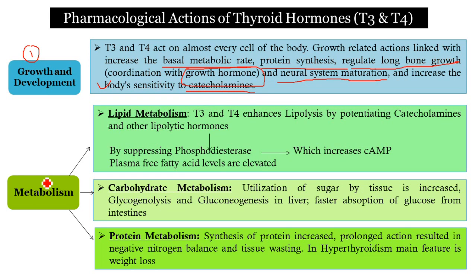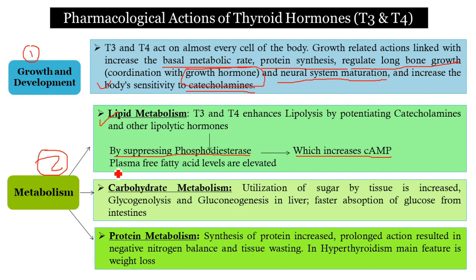While in case of the metabolism related function, which is the second most important function, there is lipid metabolism, where the thyroid hormones T3 and T4 enhance lipolysis by potentiating the catecholamines and other lipolytic hormones, and by suppressing phosphodiesterase, which is one of the major enzymes, and ultimately it increases cyclic AMP formation.